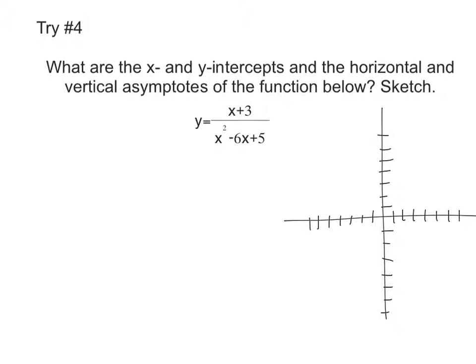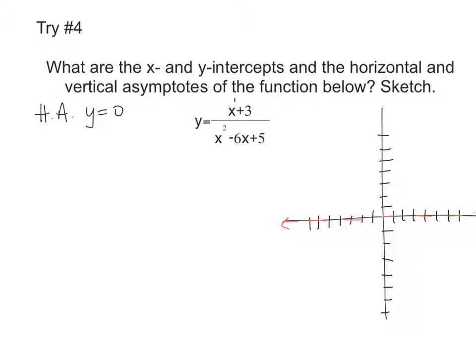All right, and let's start with our horizontal asymptote, which, remember, is the numerator's power over the denominator's power, so it's 1 over 2. That's less than, so that means that the horizontal asymptote is y equal to 0. So our horizontal asymptote is the x-axis.